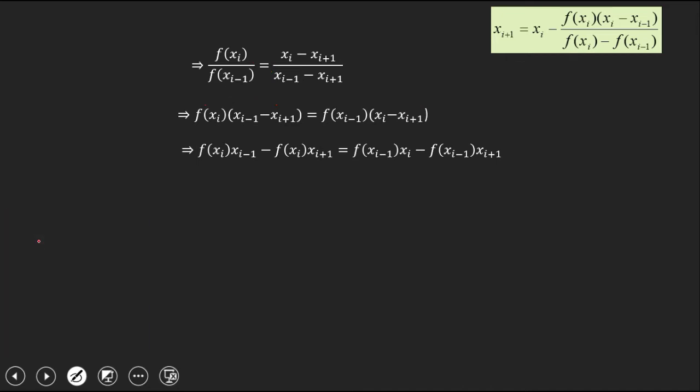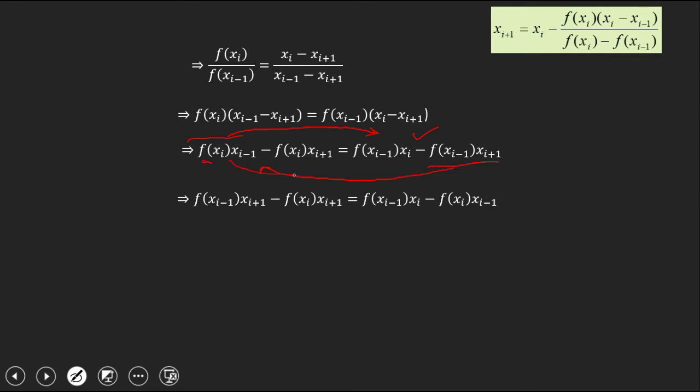After rearranging the terms, we shift this term to the left side and this term to the right side. So we get f of xi minus 1 into xi plus 1, because after shifting, the sign of this term becomes positive, and after shifting this term to the right side, the sign of this term becomes negative.